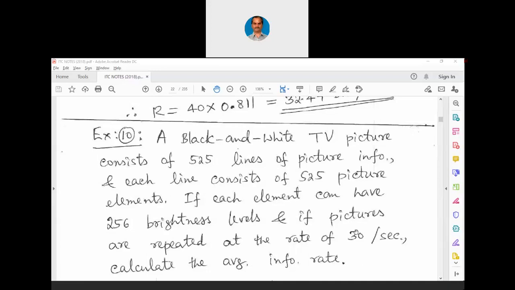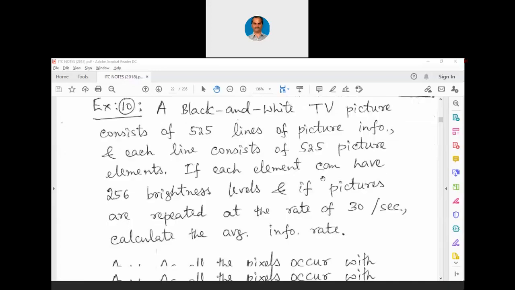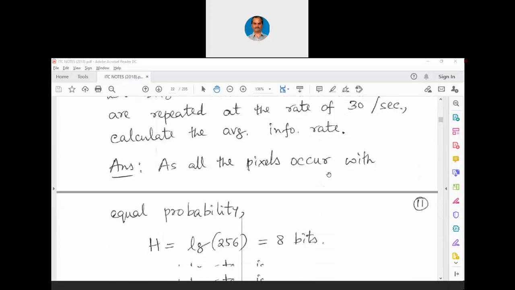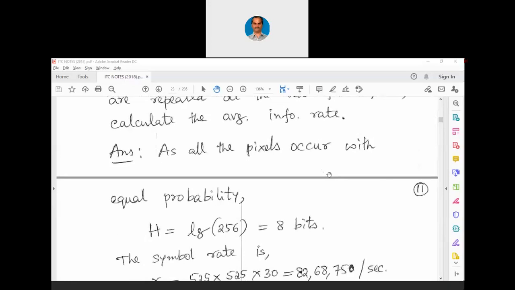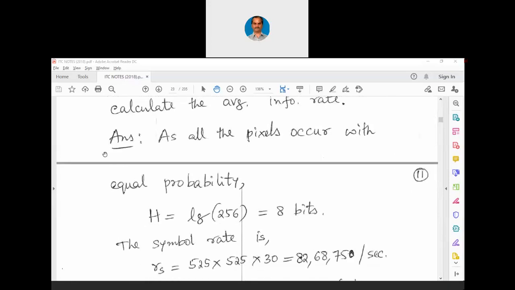Now let us see how to find out the entropy. As all the pixels occur with equal probability, H is log2 of 256, that is 8 bits. They are all occurring with equal probability because all pixels are identical in their characteristics. So log2 of 256, they have got 256 brightness levels, so H is log2 of 256, which is 8 bits.